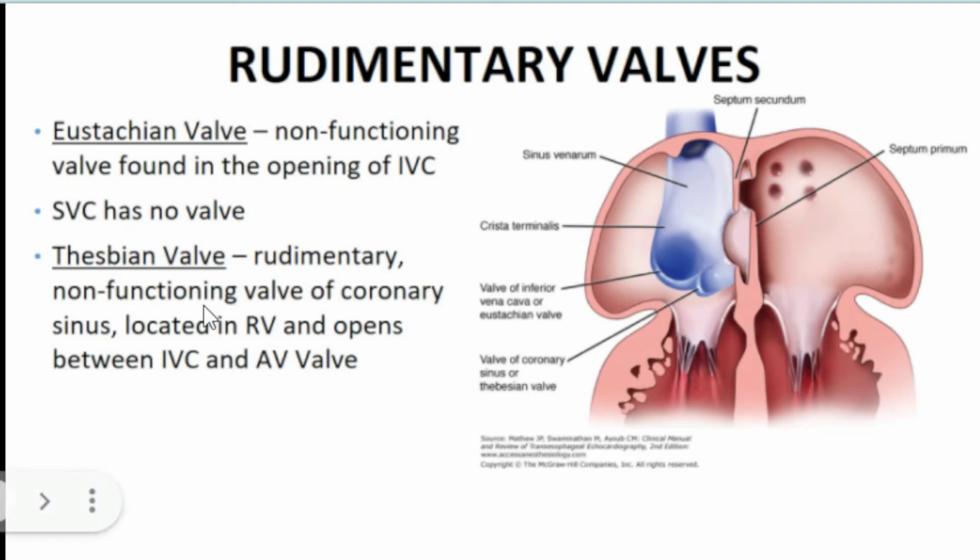So, it is the valve found in the opening of the coronary sinus. So, ano ba yung coronary sinus? Later on, pupuntahan natin siya. But it is the opening ng heart natin para makabalik yung blood from your coronary veins. Okay? From your coronary veins. Later, I will discuss more of that as we go along.